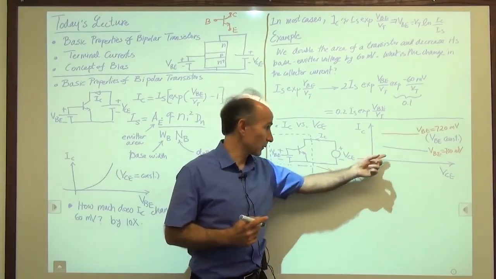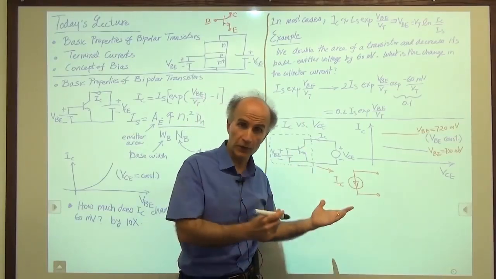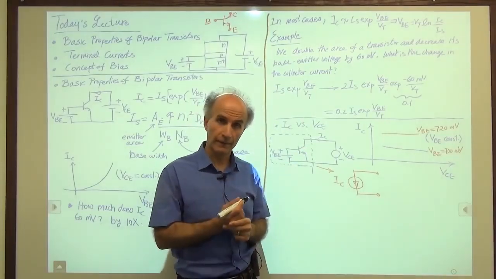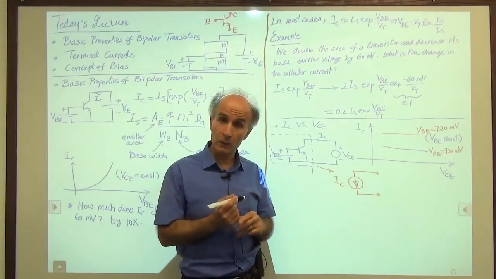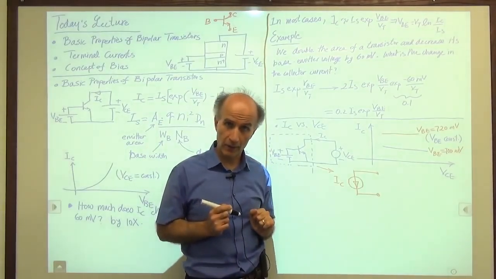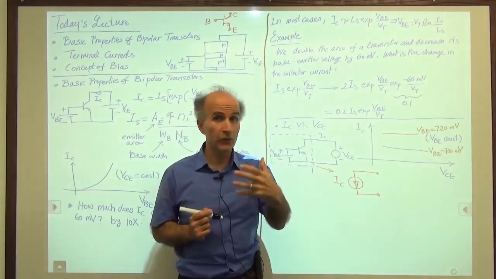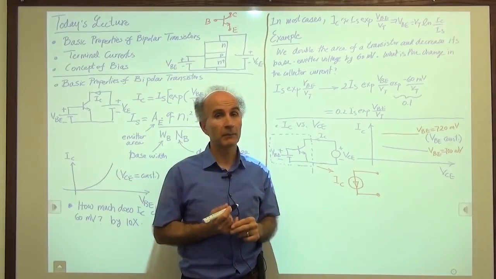It's a current source, as we saw. It is voltage dependent, as we've seen before. So it is a voltage dependent current source. So that's very interesting because we were looking for a voltage dependent current source, if you remember. We wanted to build an amplifier, and we thought if we had a voltage dependent current source, we could build an amplifier.